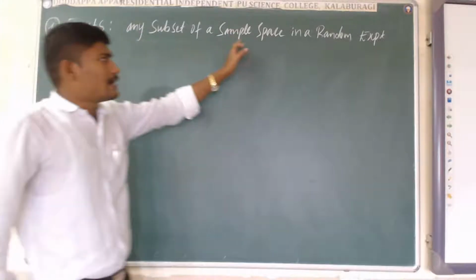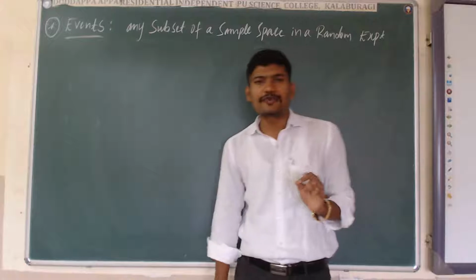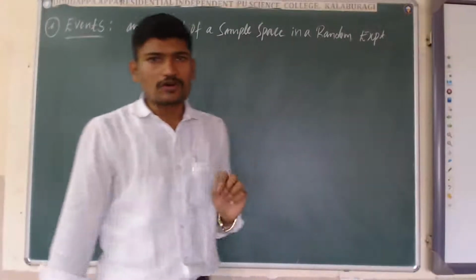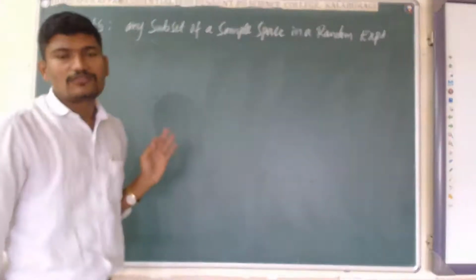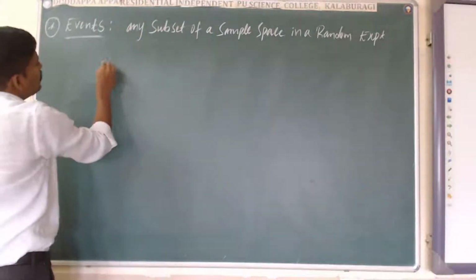Any subset of a sample space in a random experiment is called an event. It is called as what? Event. Okay.